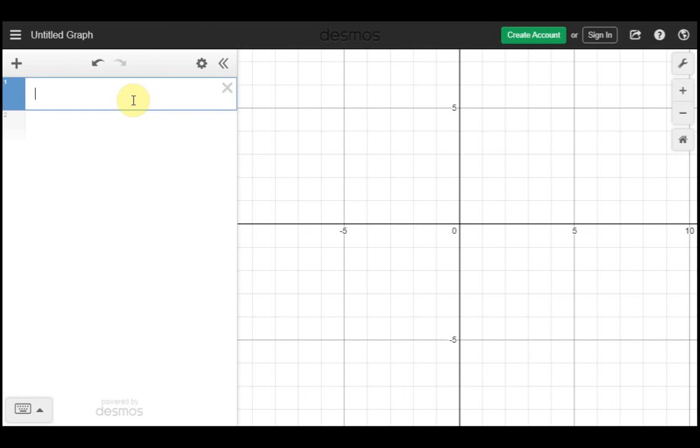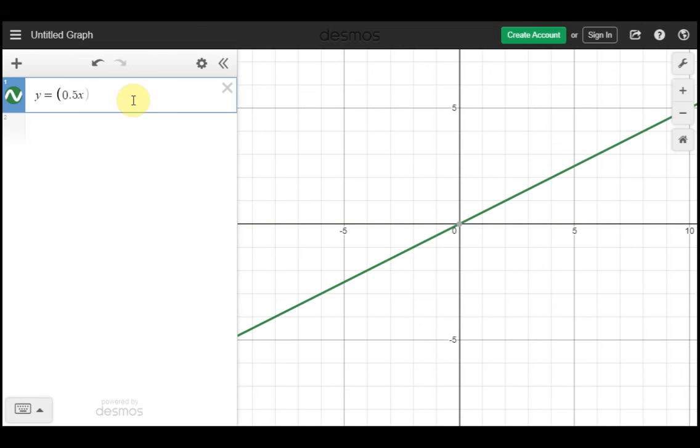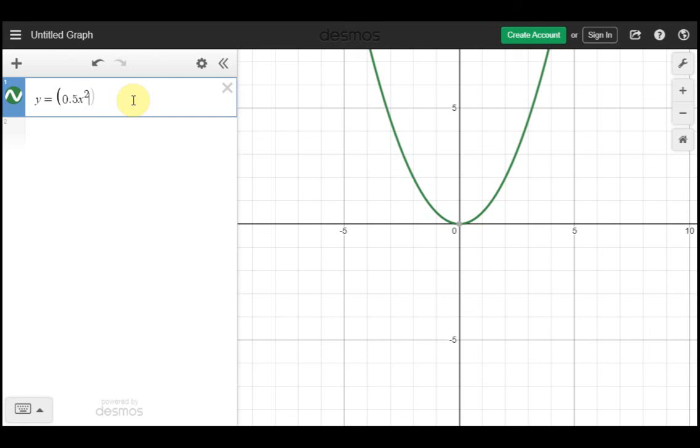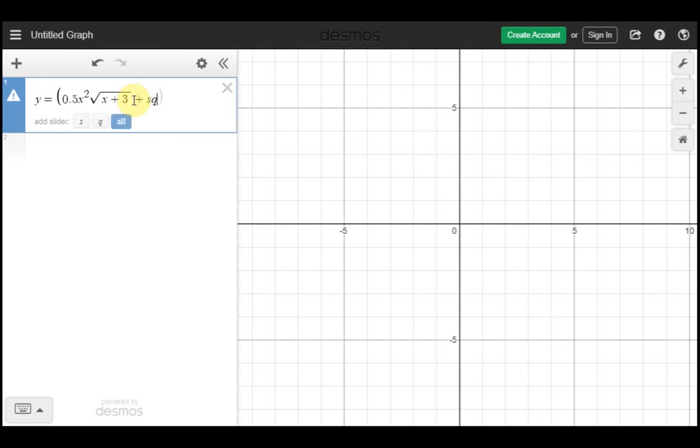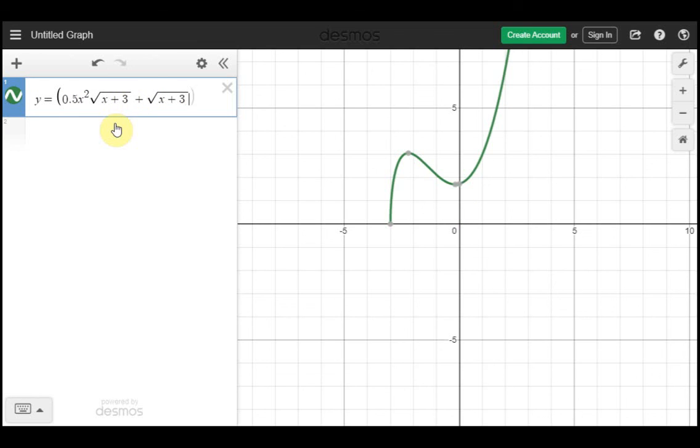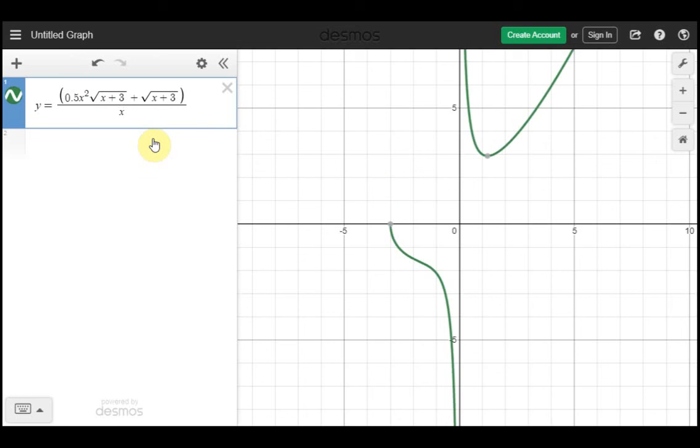Our new equation is y equals 0.5x squared, and that's times the square root of x plus 3, and that is plus, again, the square root of x plus 3, and all of that is divided by x plus 3.